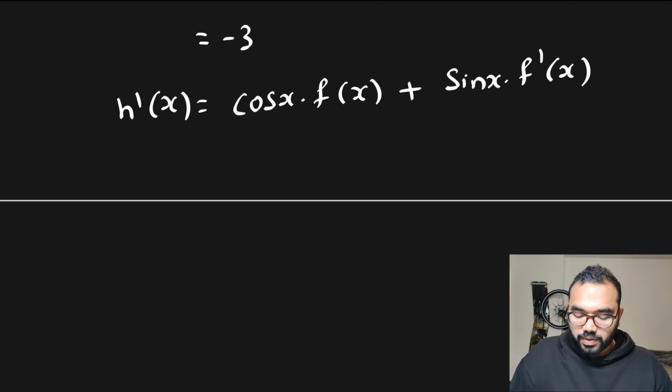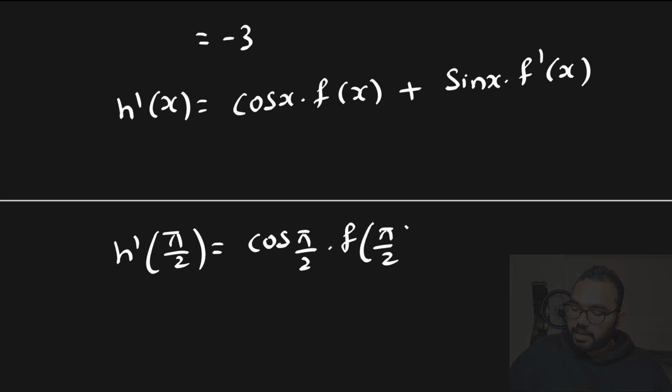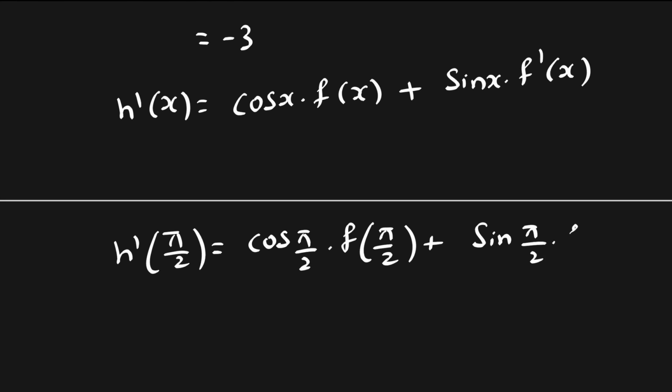So now we will plug in for h prime of pi over 2. For x, let's plug in pi over 2. Cos pi over 2 is simply 0. So this term will become 0. Then sin pi over 2 times f prime of pi over 2.